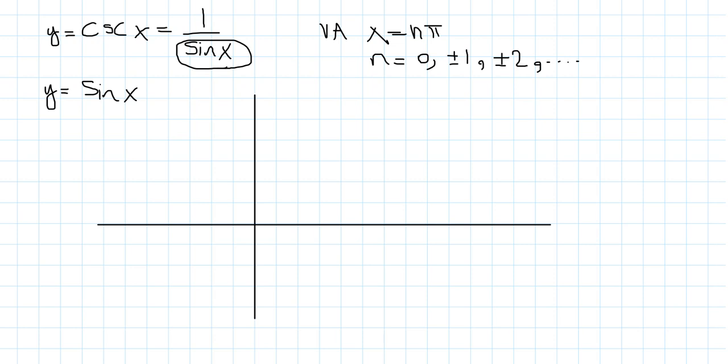The graph of sine x starts from here, goes down and finishes on 2 pi. This point is 2 pi. This is 3 pi over 2, which means on 3 pi over 2 I have the minimum of sine, minus 1. At pi over 2 it is the maximum point. It is the sine x.